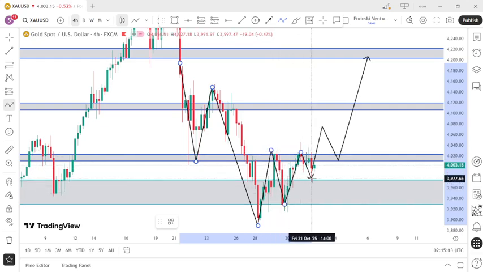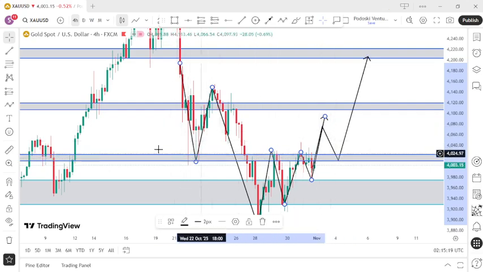So as it has come down and it breaks, then it confirms that price is moving to the upside, because this break would be like a change of character or a change of structure.